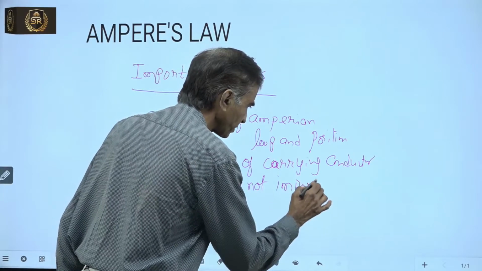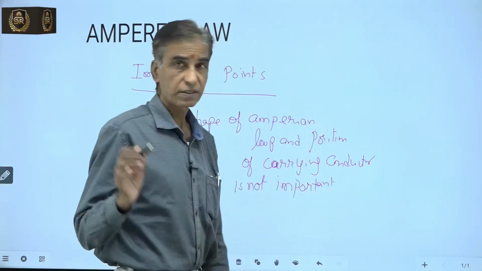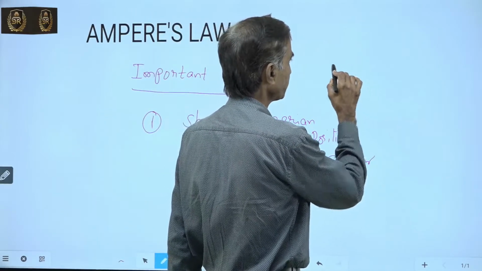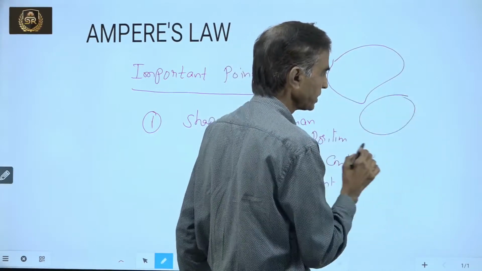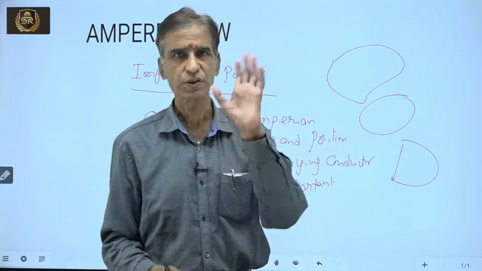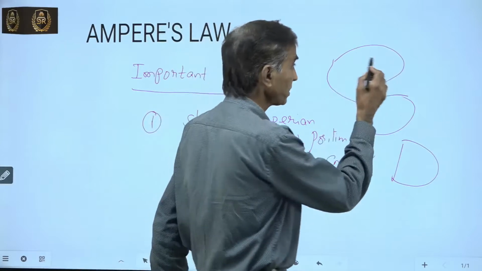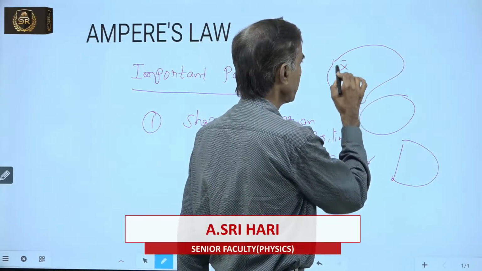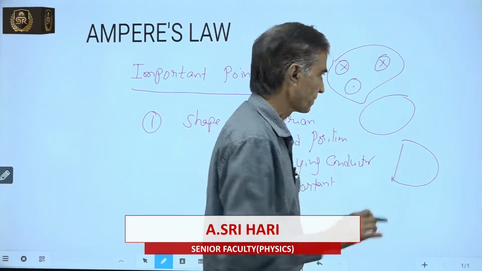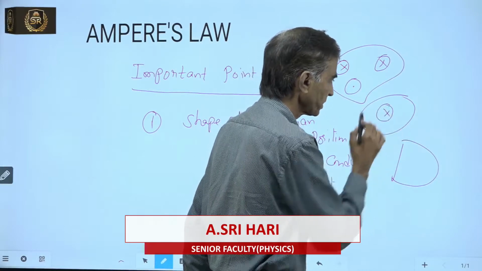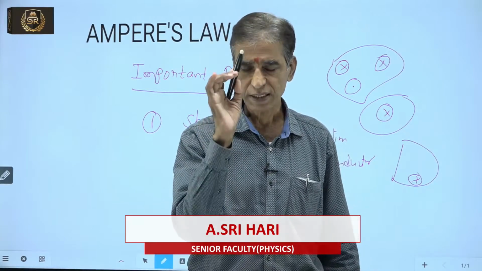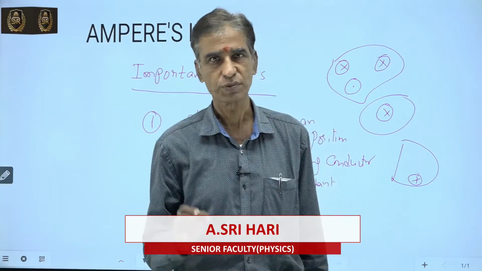It does not affect the B value, whatever the shape may be. According to convenience, you can take this as your shape, or this, or this, whatever it may be. That is not important here. The B value does not change. Not only that, the position of the current carrying conductors may be here, or here, or here. That does not affect the B value. So that is the first important point you have to keep in mind, for theory questions also.